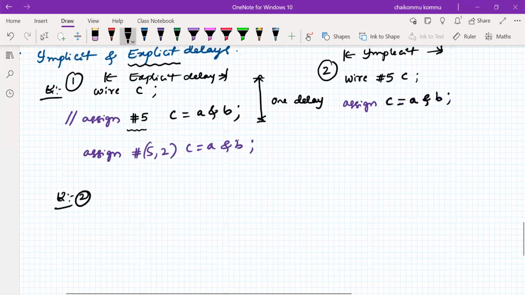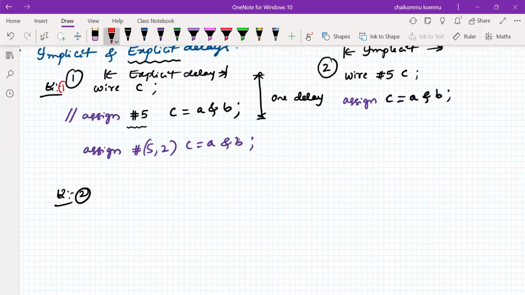So it is example 1, example 2. With the help of diagrams, I'm going to write this one. For example, A is something like this.